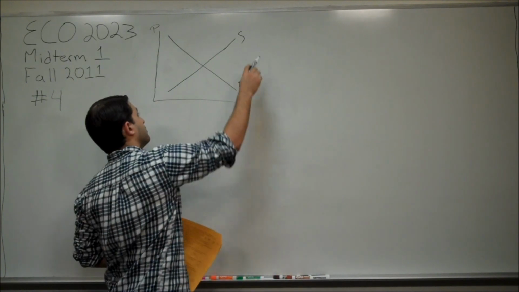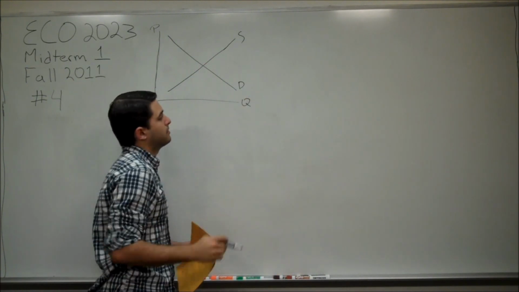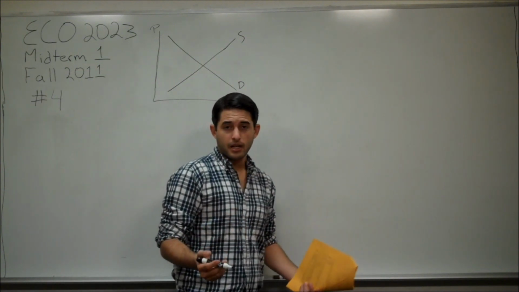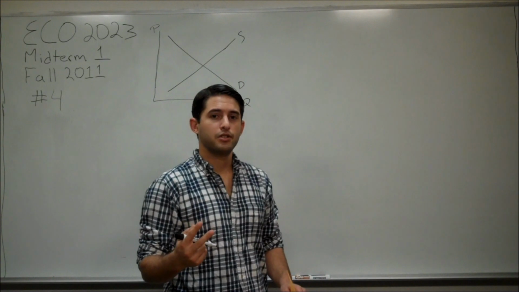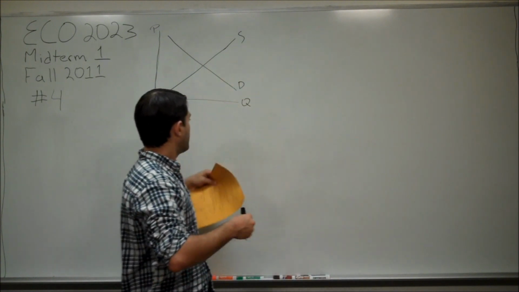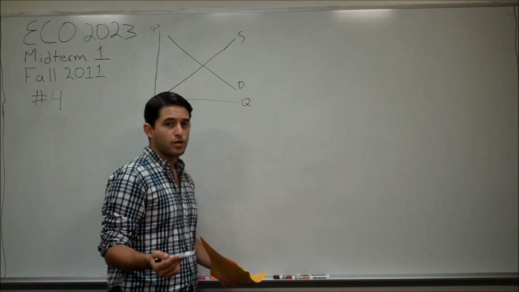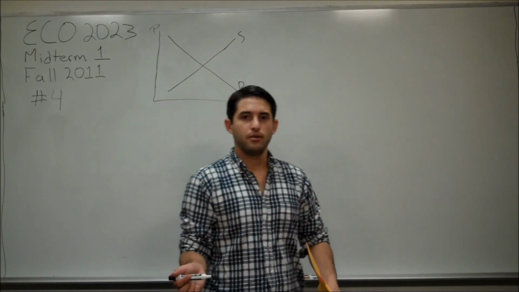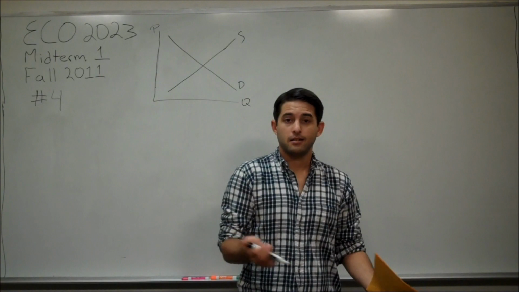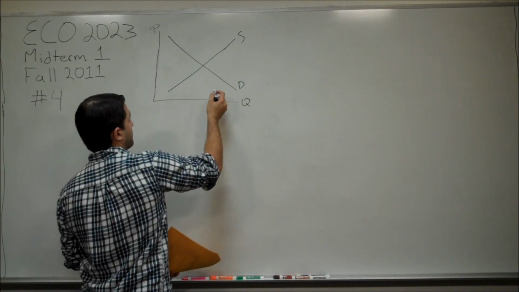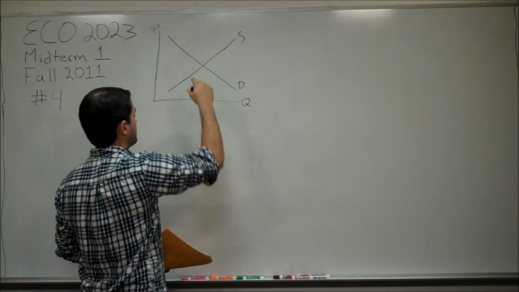However, we have a penalty imposed on the suppliers and the demanders. So we're going to have two different shifts, and as we learned in class, when you have two different shifts on the same market, you have to do two different diagrams, because you don't know which one is going to be more pronounced and which one is going to be less severe. So you don't know whether the demand curve is going to be shifting a lot or just a little bit. You don't know if the supply curve is shifting a lot or just a little bit.